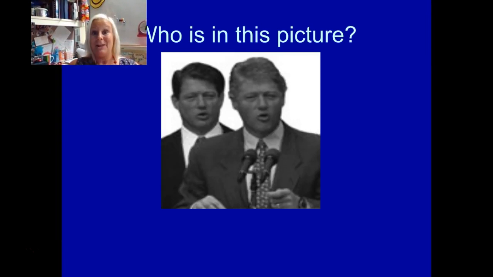I'm guessing that you're hollering out that it's President Bill Clinton and Al Gore, his vice president, who's right next to him. But in fact, it's actually the exact same picture of President Bill Clinton. They just changed the hairstyle. They photoshopped it. Look closely. Isn't that interesting? How do you think this relates to forensic science? Could you see how maybe somebody that witnesses something might see the wrong thing? They might point out maybe the wrong characteristics of someone.